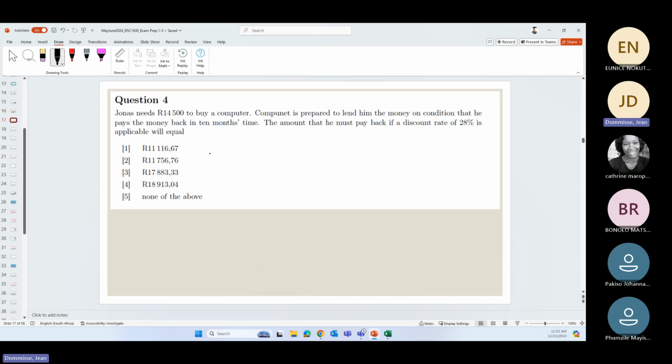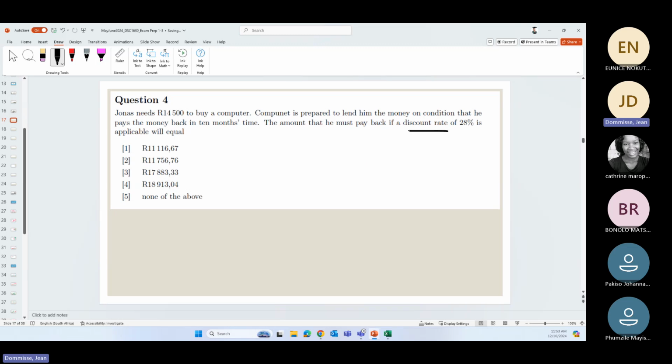Okay, then, as we're still busy with some of the questions on question 1, they are doing a discount rate. So this is still part of the first chapter, nearly. You guys will get something on simple interest that might look like the previous questions.